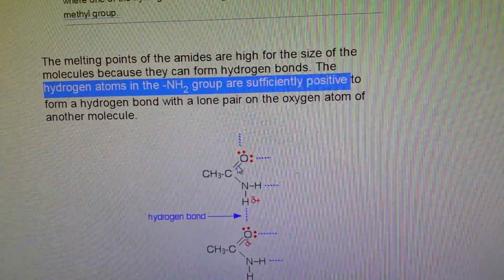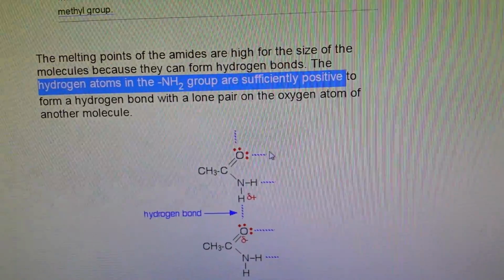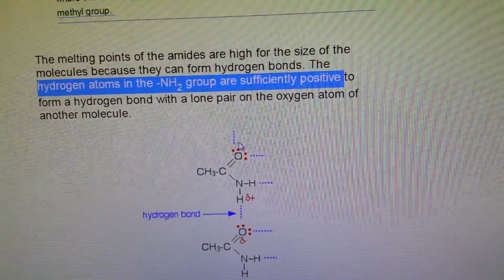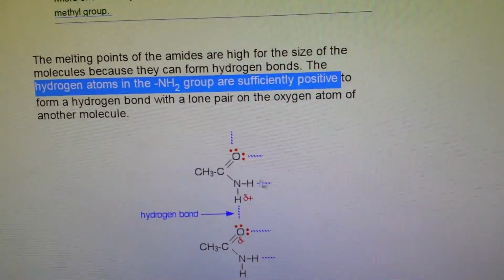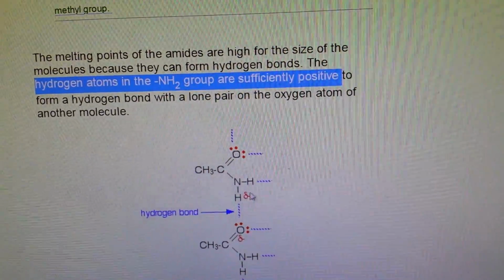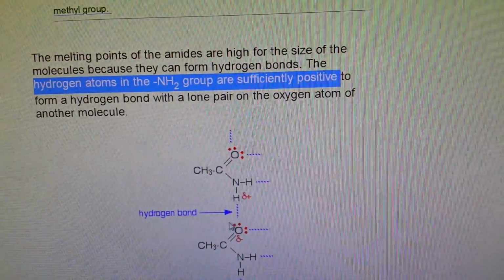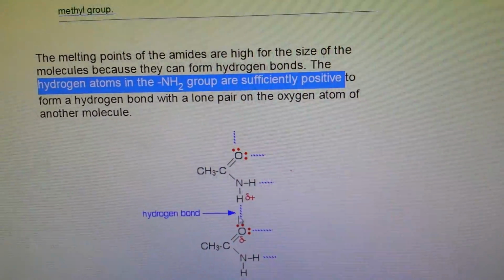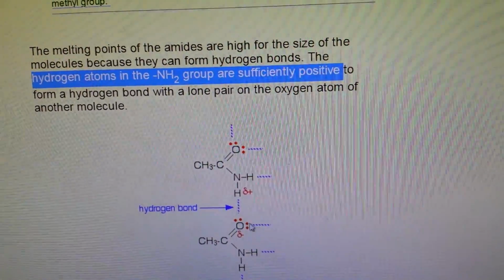Oxygen is using 2 electrons for a bond with carbon, but it still has 2 lone pairs. So those hydrogens from the amide will form hydrogen bonding here. This is NH, and this hydrogen is available to form a bond. The same way with this one, it will form a bond with these lone pairs. This is called hydrogen bonding, with 2 lone pairs on oxygen.